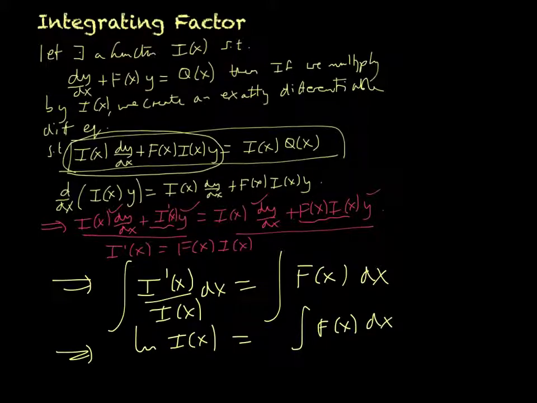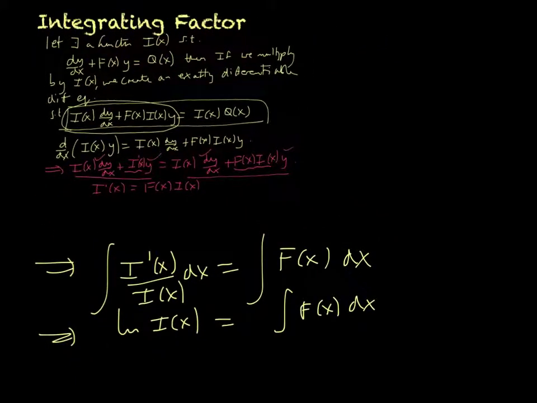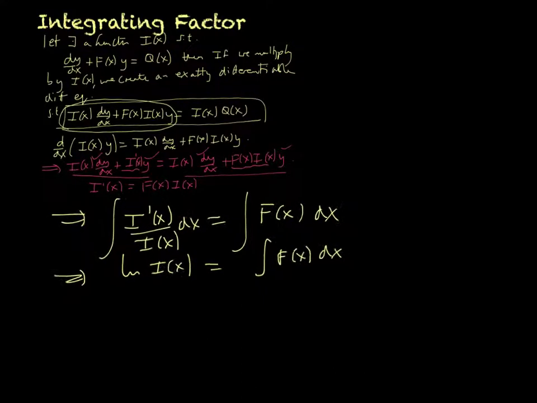Remember, ln integrates if it's in the form of f dash of x over f of x because of its differential reverse chain rule there. So we're just going to move that over there, move that over there. To finish this off then, what we're saying is that I of x must be the same as e to the integral f of x dx. Notice why it's called integrating factor, IF, integrating factor.